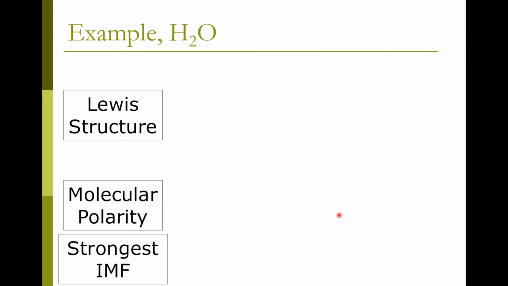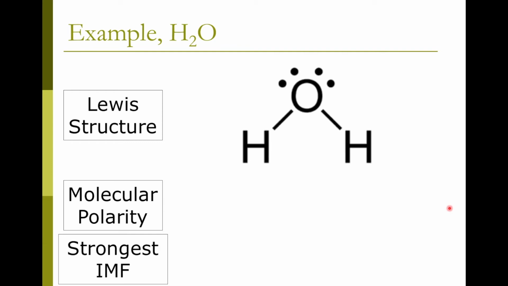So let's try to get a few examples. Let's start with the old classic, water. We draw the Lewis structure first, just to get an idea of what it looks like. And then we'll figure out its polarity. Well, we know that water is polar because it has a lopsidedness of charge. It has lone pairs on the central atom.